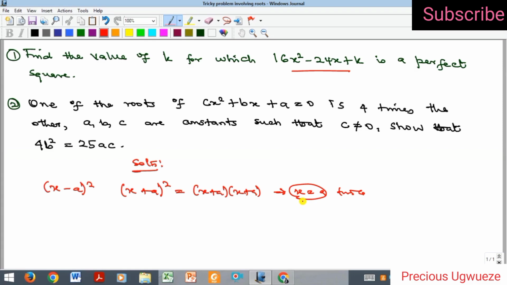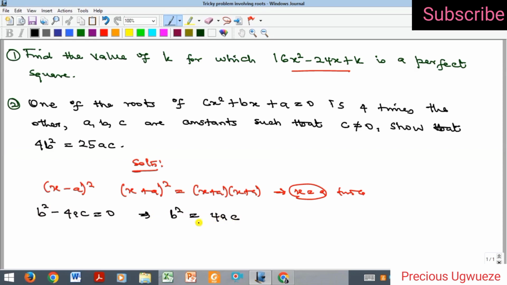So in other words, for us to have a quadratic equation that is a perfect square, remember, the condition for real and equal roots is that b squared minus 4ac must be equal to 0. And if this happens, it means that b squared is equal to 4ac.